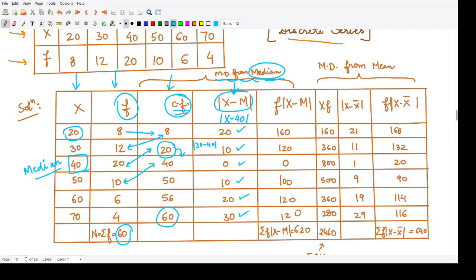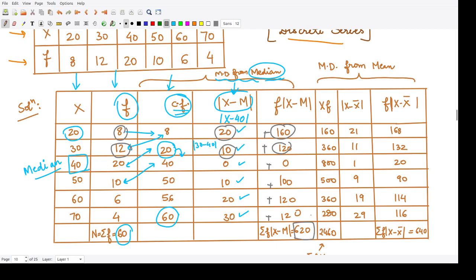Firstly we multiply this 8 with 20, so we have 160. Then we multiply 12 with 10, we have 120, and so on. So you multiply the corresponding terms, and then for the summation you add all of these together. When you add up all these quantities, you have 620 as the answer.